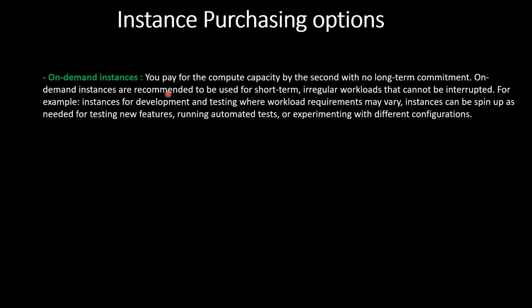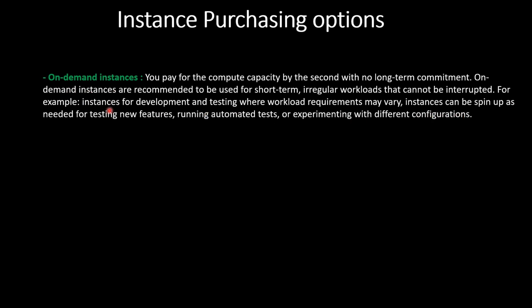On demand instances are recommended for short-term, irregular workloads that cannot be interrupted. For example, instances for development and testing where workload requirements may vary. Instances can be spun up as needed for testing new features, running automated tests, or experimenting with different configurations.